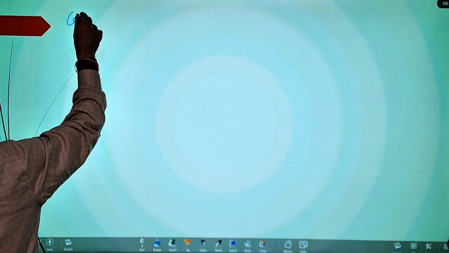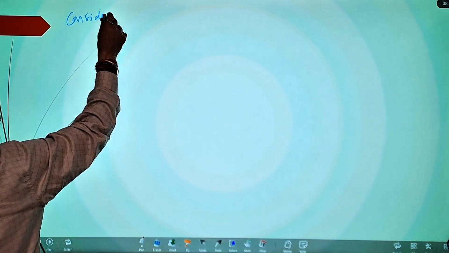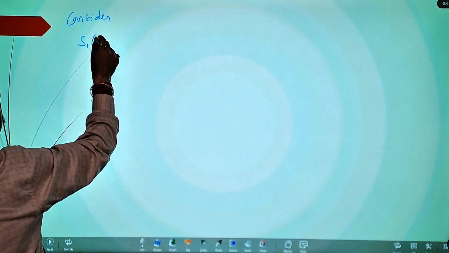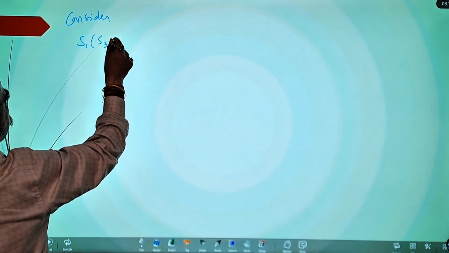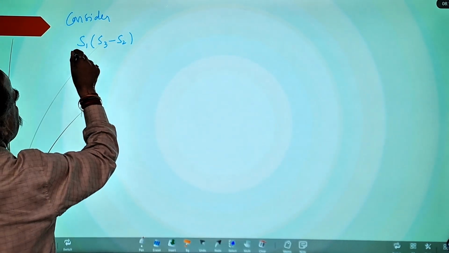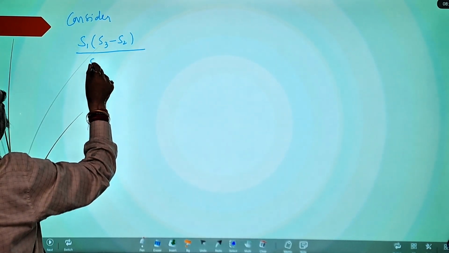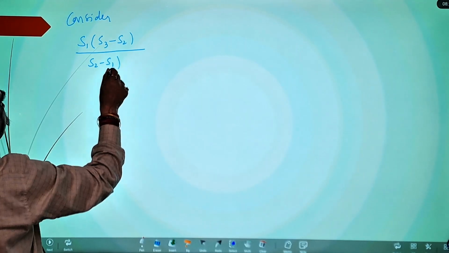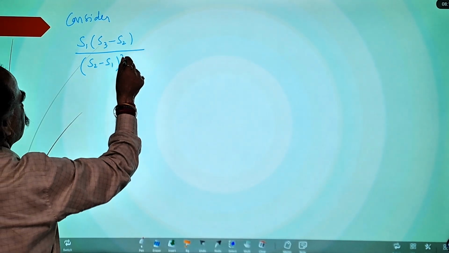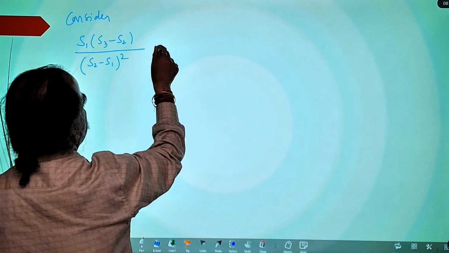Consider S1 into S3 minus S2 upon S2 minus S1 the whole square is what?